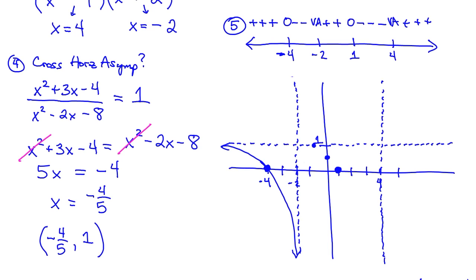As x gets closer to negative 2, but from the right side, we see that we have positive values getting closer to the vertical asymptote. So that's up here. It's going to pass through all of these points. We have a 0 here at 1, and then it's negative, and it gets closer to that vertical asymptote.